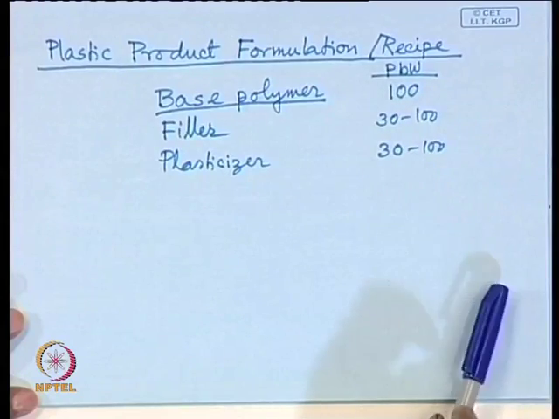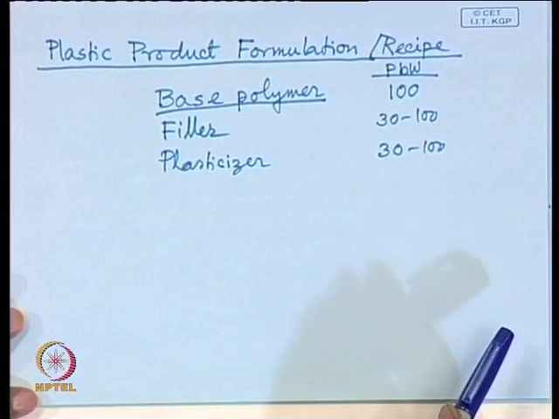If its softening temperature is 130 degree, you have to go beyond 150, otherwise you cannot make a sheet or film or any other product. But you can reduce the temperature provided you use ingredients like plasticizer. If you use this plasticizer, then you can reduce the softening temperature.